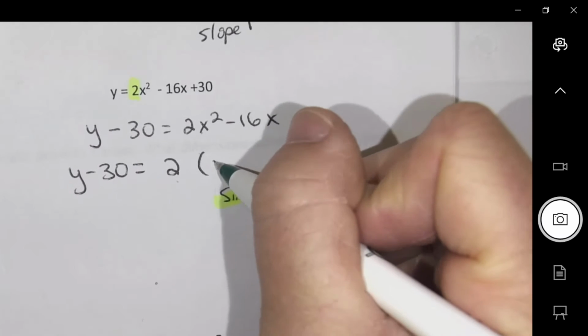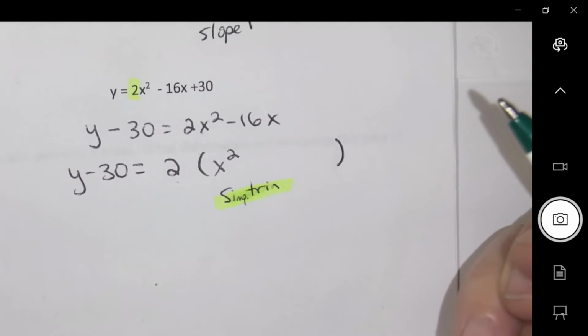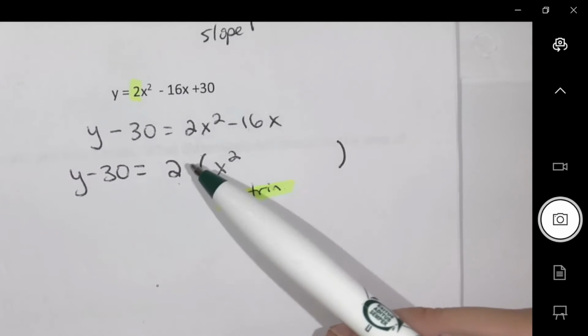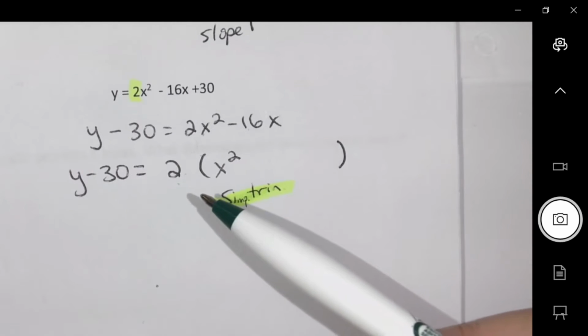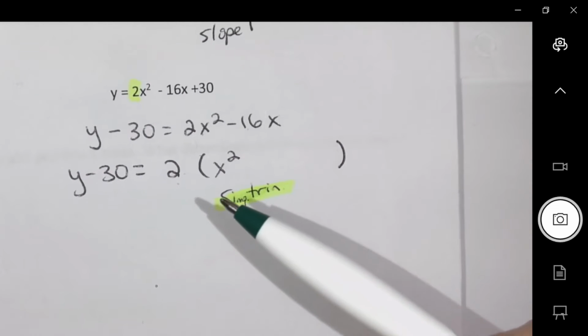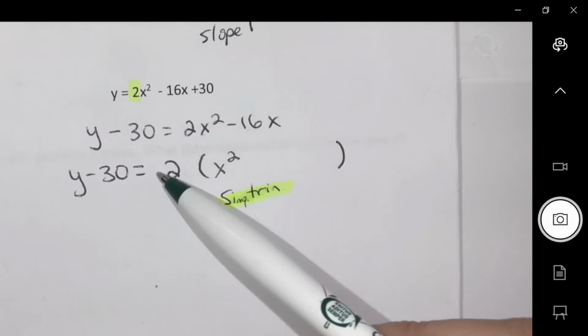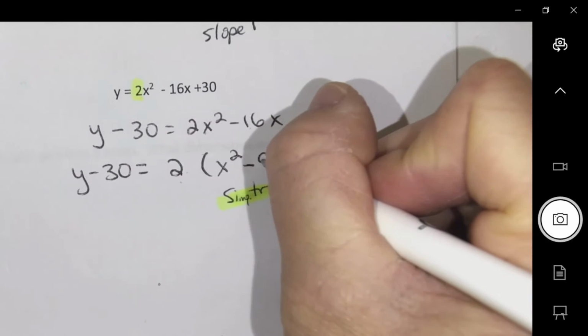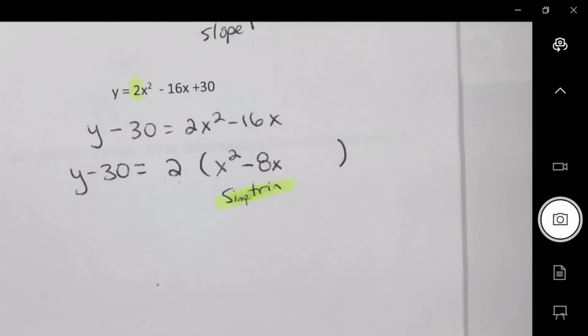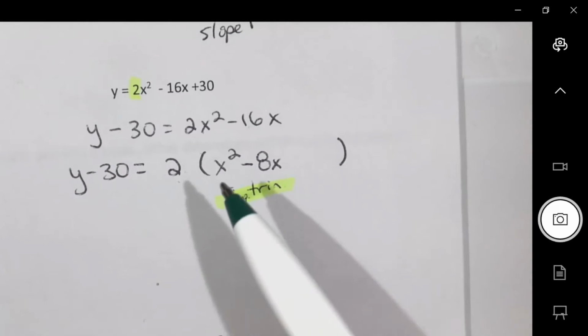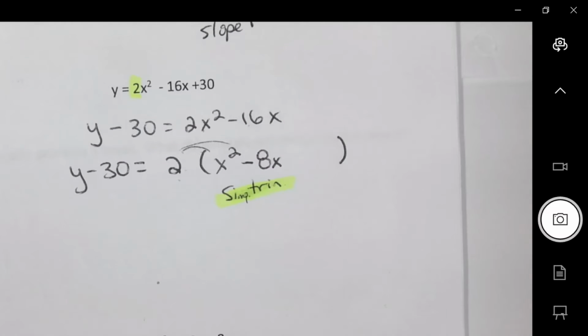That leaves me with just an x squared there. When I'm saying taking it out, do we understand we're dividing it out? So this would become minus 8x. Do we see where I got that from? If it helps, you can multiply and see if it makes the original.